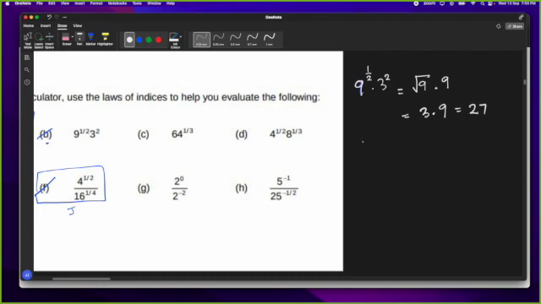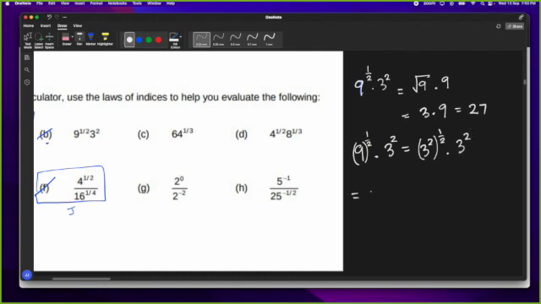Another way we could work it out is 9 to the half times 3 squared. 9 is 3 squared, right? So imagine 3 squared, that is 9. That's going to be to the power of a half. And then you have times 3 squared there.